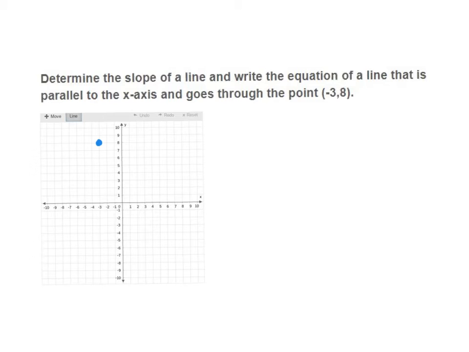Well, if it's a line that is parallel to the x-axis, then the line is going to be there at 8 all of the time. So we can just draw that line really quick. And it's right there at 8. And the equation then, remember horizontal line, so we use our mnemonic HOY.